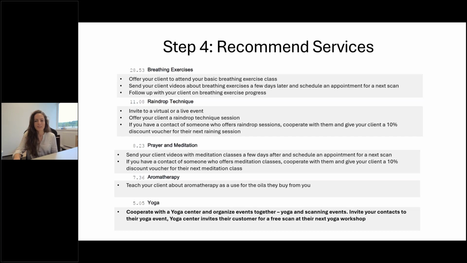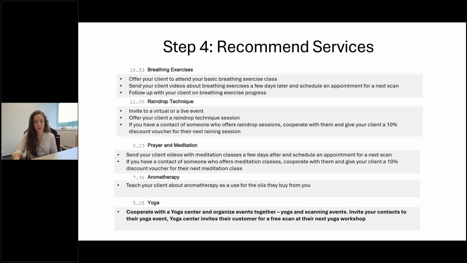So, for example, breathing exercises. You can offer your clients to attend your breathing exercises class if that is something you are familiar with, or maybe you will find out that there is a demand for this, so you will take a class about it and start offering it. If not, that's totally fine.